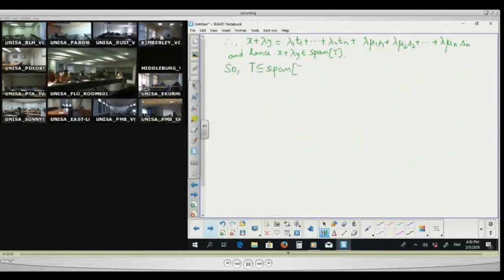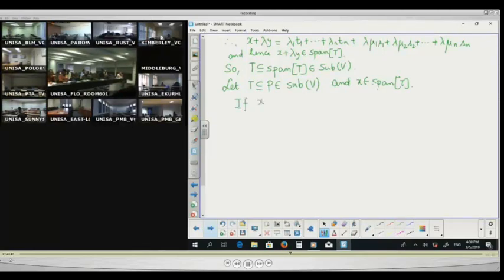Now, let us take any subspace P of V and X in span of T. If X is equal to 0, then already X is a member of P because P is a subspace.